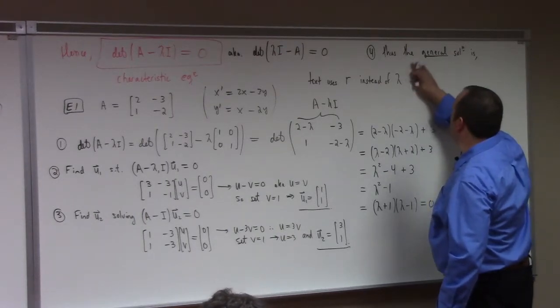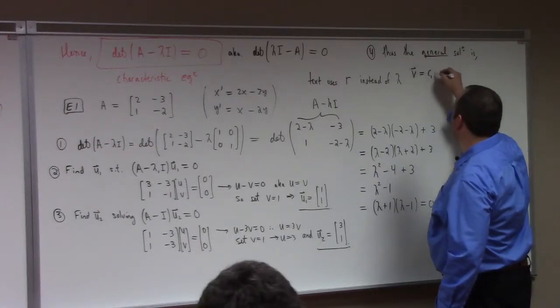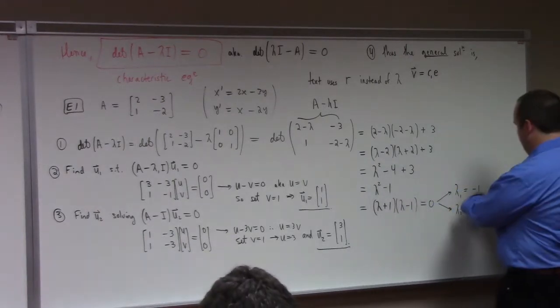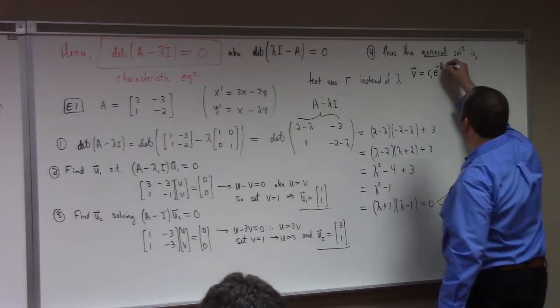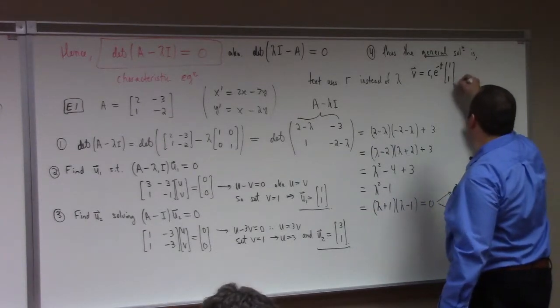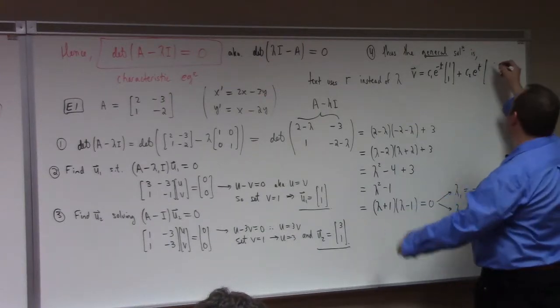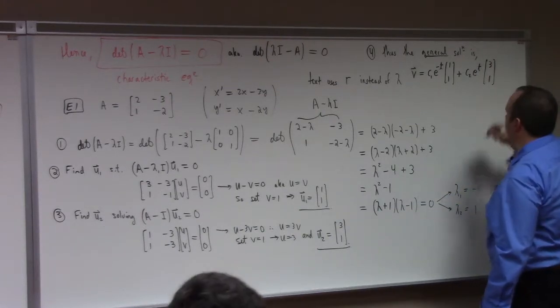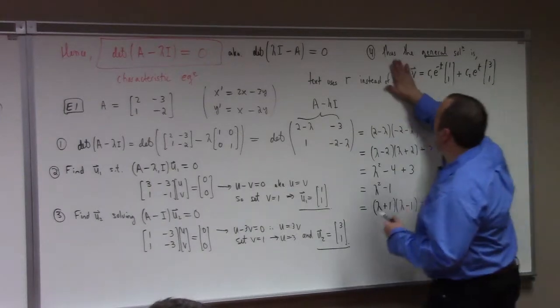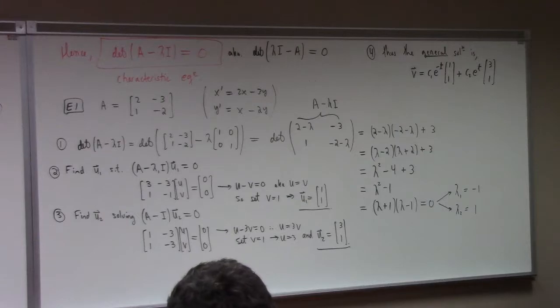Oh, I'm sorry, I was using v, wasn't I? v equals c1 e to the minus t times (1, 1), plus c2 e to the t times (3, 1). And there I'm of course using the theorem that, well, we could prove.